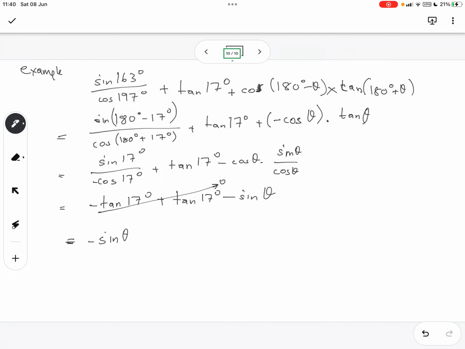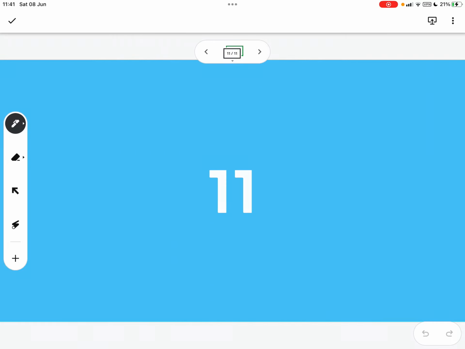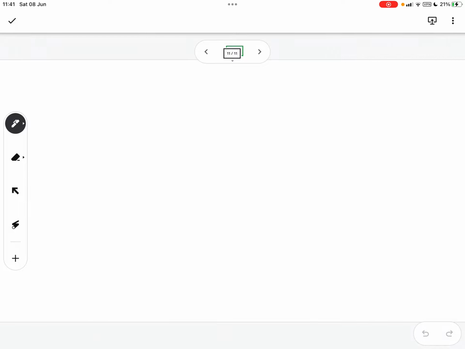They resolve to 0 and we're only left with negative sine theta. These are the types of questions where they'll say without using a calculator. Because what's the point? Even if you had a calculator, you wouldn't be able to solve it because theta is unknown.